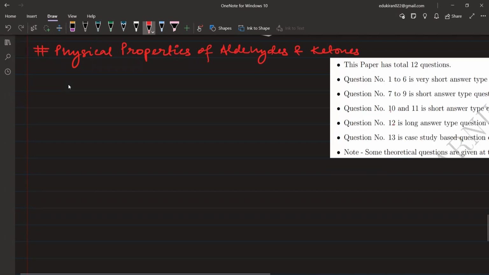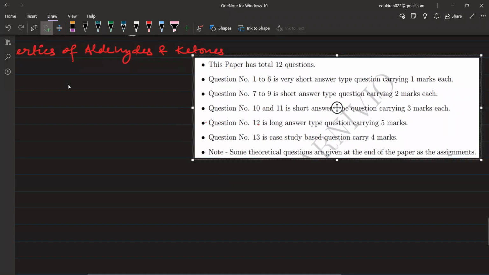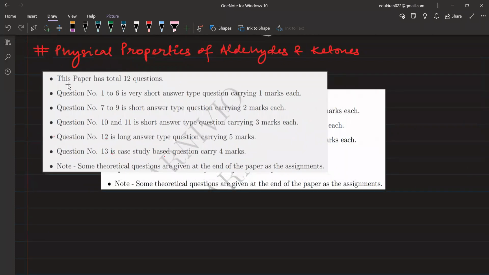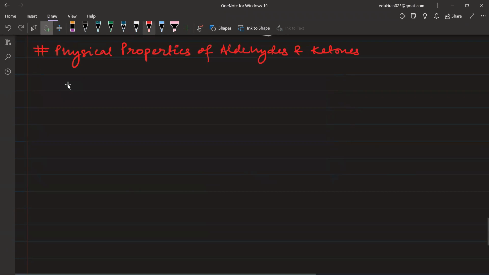अच्छा, एक और चीज, लाइक एनीथिंग दैट यू वांट टू ऐड कि पेपर में होना चाहिए नहीं होना चाहिए, कुछ इंस्ट्रक्शन मिसिंग थे तो बताइए। हाँ, एनीवन? See, in this instruction, actually I saw some papers, they have written the complete definitions also. Some theoretical questions are given at the end of the chapter as assignments. Okay, so what I will do, खैर अभी तो आप लोगों को पता चल गया कि नहीं लिखना है, लेकिन कुछ बच्चे ऐसे होंगे जिन्होंने लास्ट पेपर नहीं दिया होगा, तो उनको पता नहीं है कि पेपर कैसा था। So I will add a section, उसमें ही I will add a line like this.